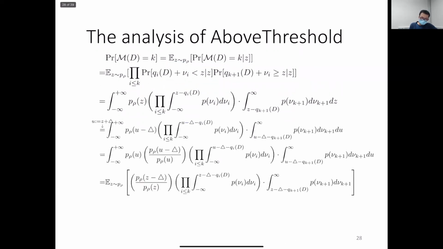Now the trick is to do a change of variable by defining u such that u is equal to z plus this sensitivity delta, and in our case delta is just 1. We can substitute z equal to u minus delta into the above equation, so z got replaced with that everywhere, and everything's still equal. Once we have that, the idea is that we now multiply and divide by p rho of u. We can always do that because this is non-negative.